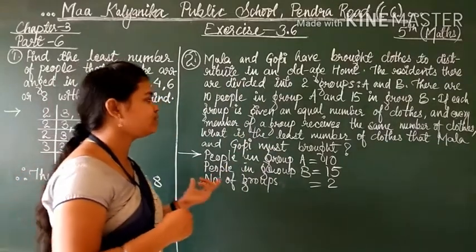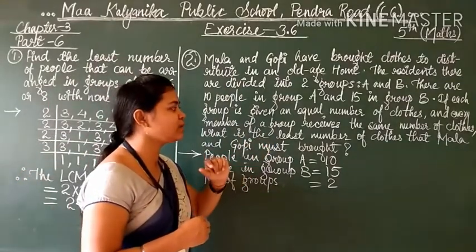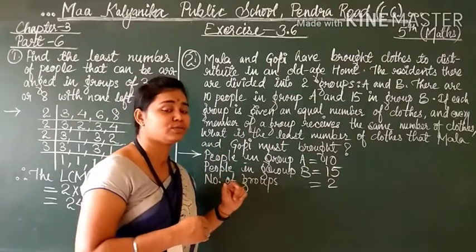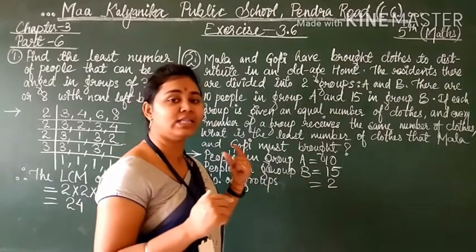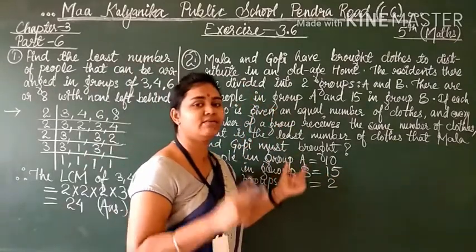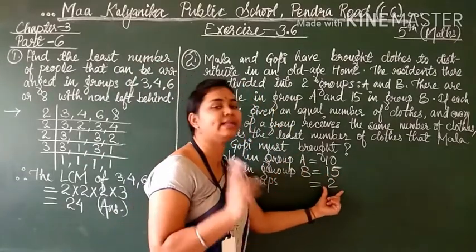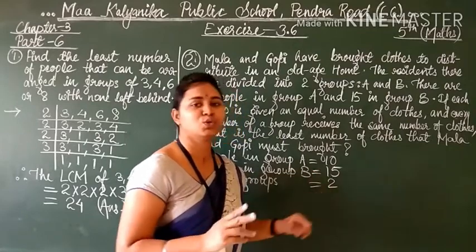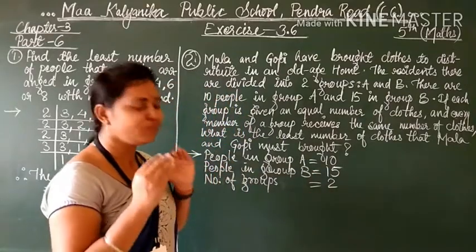So first, for finding the least number of clothes that Mala and Gopi must have brought, we will find the LCM of 10 and 15. Then the members are divided into two groups, so we will multiply that LCM with 2 and we will receive the complete number of clothes.